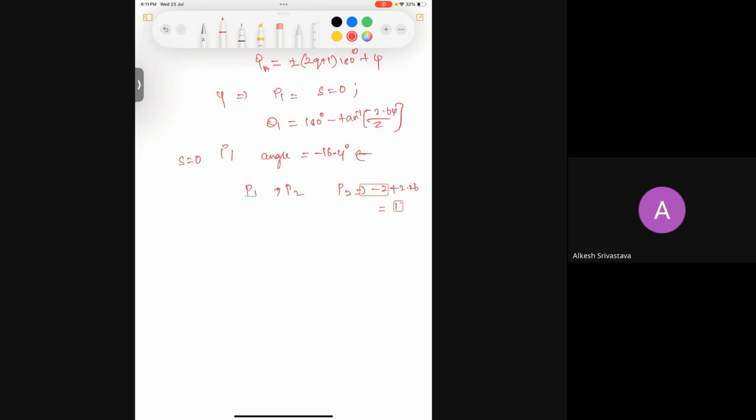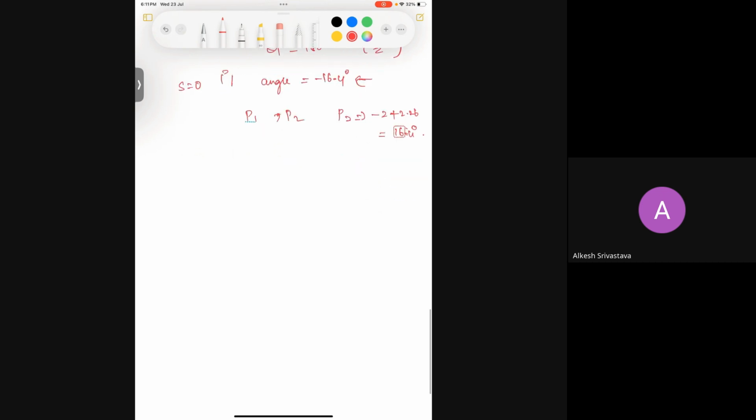Angle of departure from complex pole P3. Okay, this is 16.4 degree again. So you will get two of this only for conjugate poles. We are calculating P1 and P2. Minus 2 plus 2.6j. This is minus 2 minus 2.6j. Just try to calculate this.